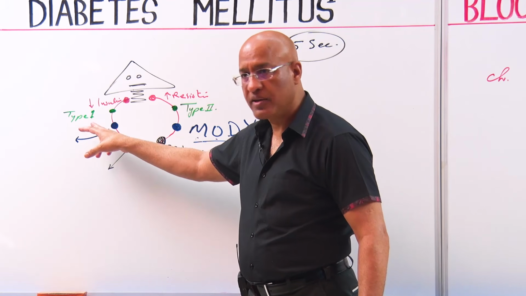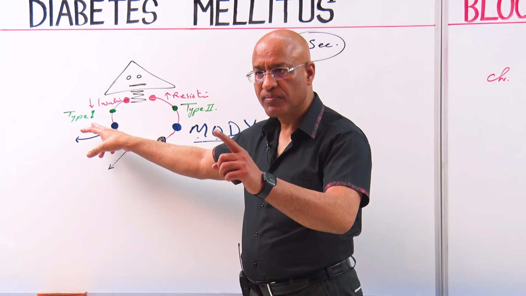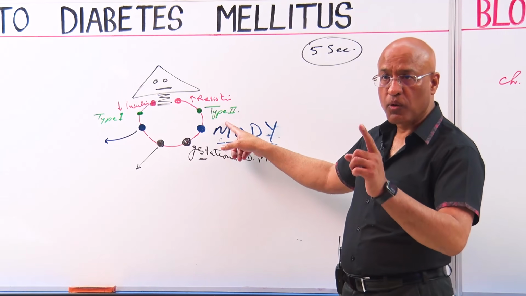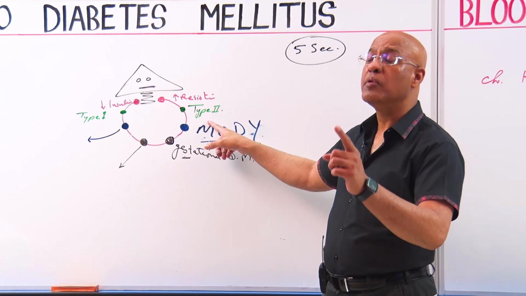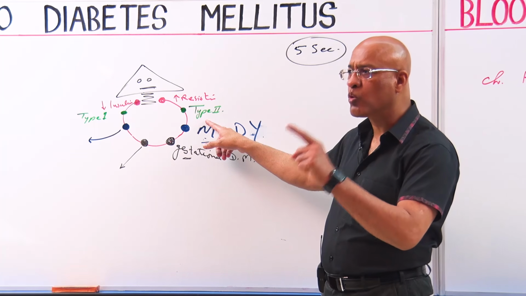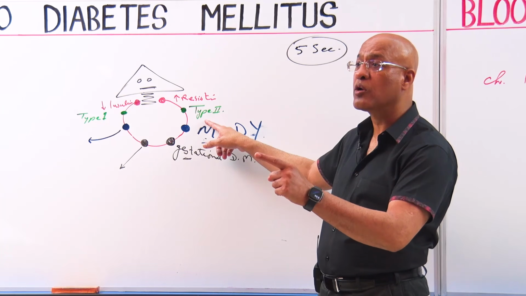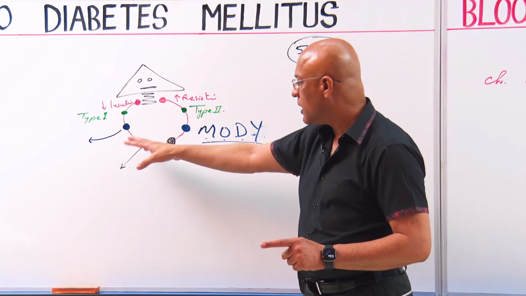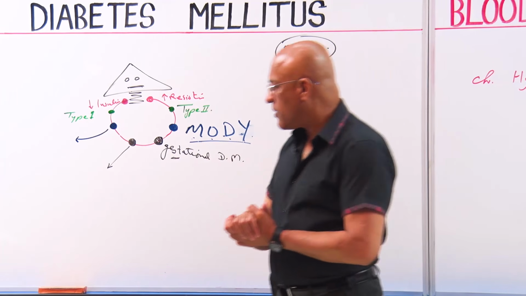In type 1 diabetes, insulin is not being produced. And in type 2 diabetes, what is the real thing? At least at the initial stages, initial years of the disease, insulin is being produced, but tissues are not responding to insulin, right? Then we talked about other types of diabetes, right?